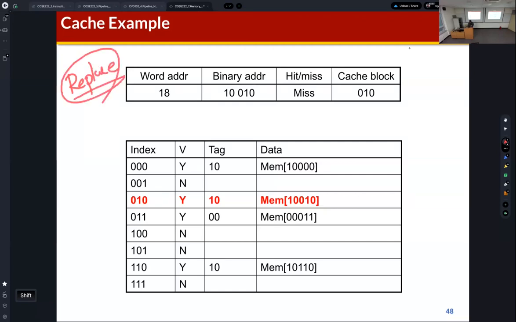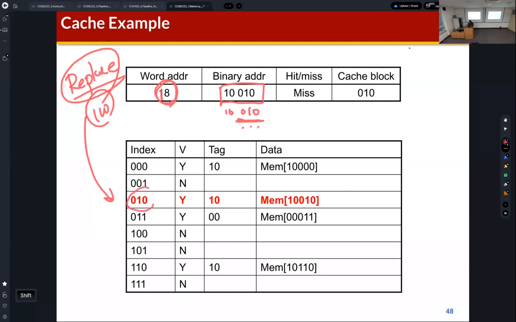Why? The word address 18 is requested from the processor, the word order instruction. Let's check the cache. As a binary address, this is 10010. The cache index is 010.